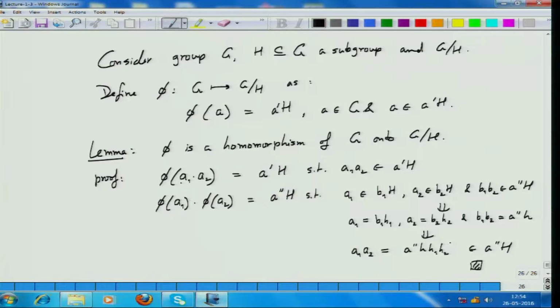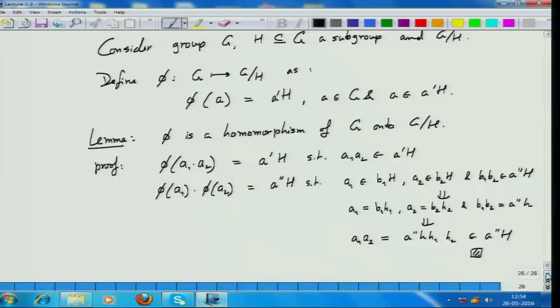It is not a surprise. The way phi was defined, it was essentially just using the fact we have already observed that G slash H was a group under that new operation we had defined, and it is really just a restatement of that.